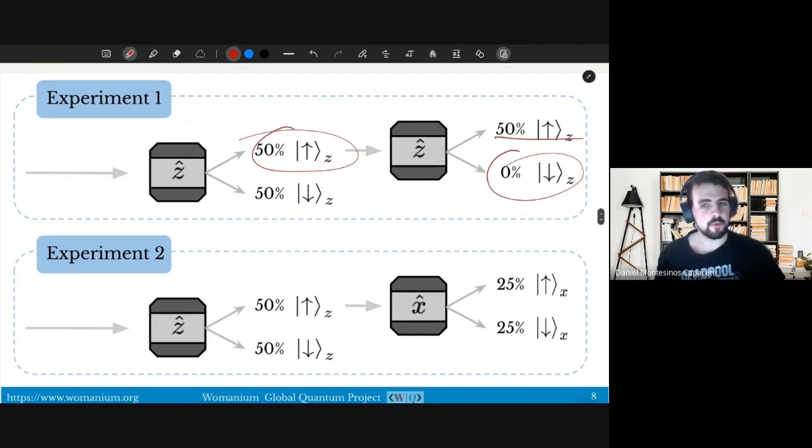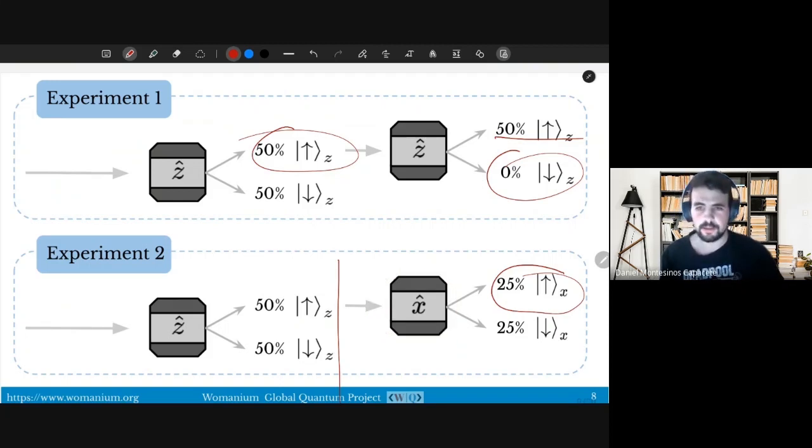So let's do another experiment. Now we have the same here, 50%, 50%, and now we do the measurement, but using the X direction. So in this case, we get, from this half, right? Because we are taking half. I mean, if we have 100 particles, and here we have 50 particles, we are just taking these 50 particles in order to do this measurement.